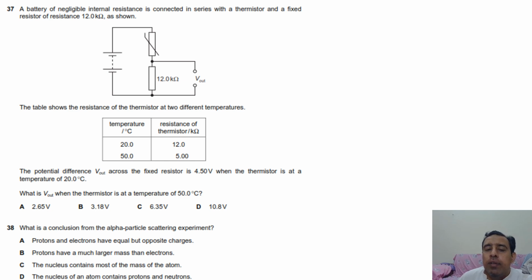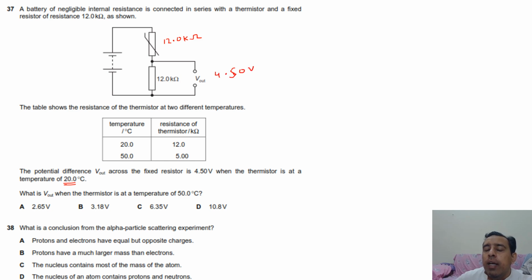The potential difference V out across the fixed resistor is 4.5 when the thermistor is at a temperature of 20. If the thermistor is at 20, it means the resistance against this is 12 kilo ohm.